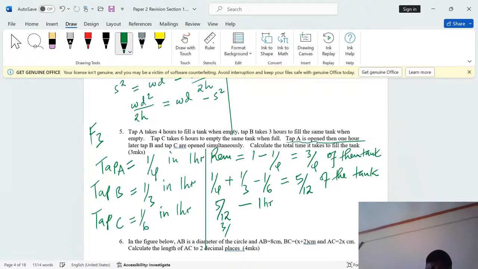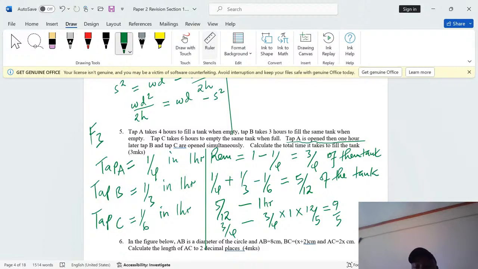What about 3/4, the remaining fraction? This will be 3/4 multiplied by 1 divided by 5 out of 12, which is times 12 out of 5. That gives 9 out of 5 of the tank, which is 1 and 4 out of 5 hours, the duration taken to fill the rest of the tank.